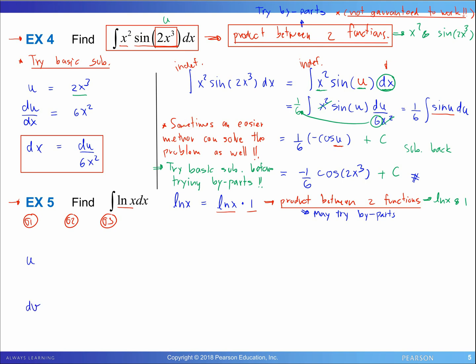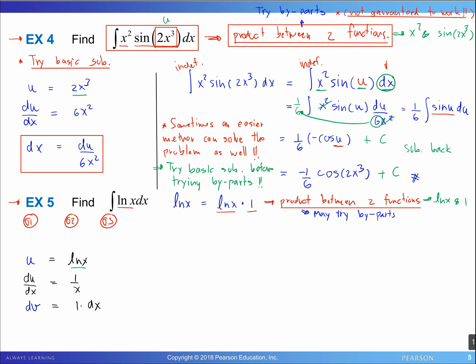Let's try this. Let's assign the first function ln x to be u and the second function 1 times dx to be dv. And now we check the first guideline. Let's differentiate u with respect to x. Differentiating ln x, we get 1 over x.